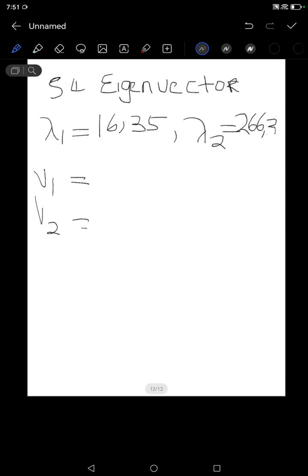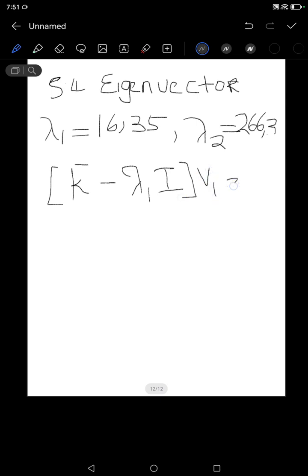Before writing this formula, to determine the eigenvector we're going to use the normalized stiffness minus lambda 1, multiplied by I, multiplied by v1. So we are going to look for v1.